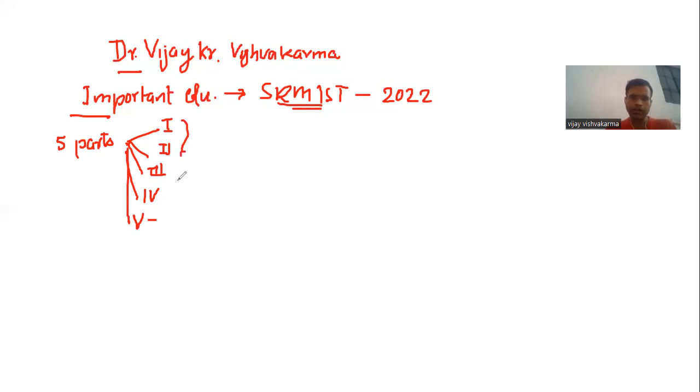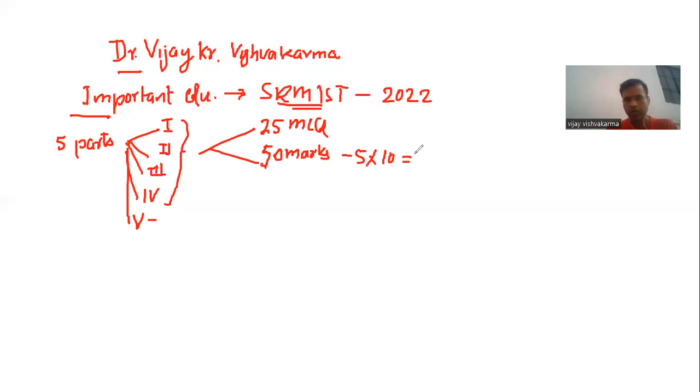So in the final exam, there will be two types of questions: 25 MCQs and 50 marks, 5 questions, and each has a weight of 10. So this will be the 50 marks.